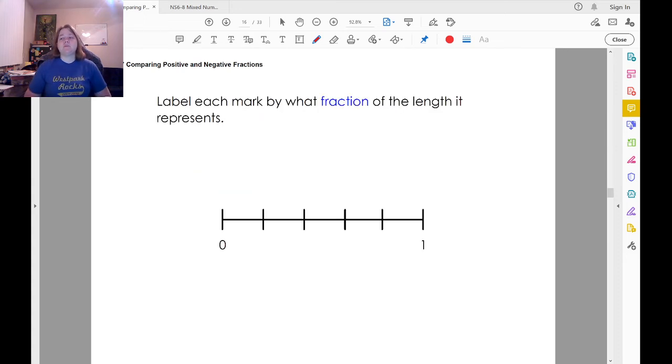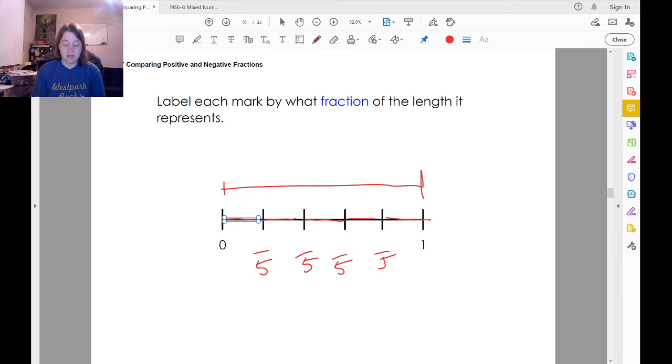Let's label each mark by what fraction of the length it represents. So I can see that this number line is split into 1, 2, 3, 4, 5 lines. If I know that from 0 to 1, this is one whole, then I know that it's cut up into 5 pieces. There are 5 cuts. So each one of my labels are going to have a 5 in the denominator.